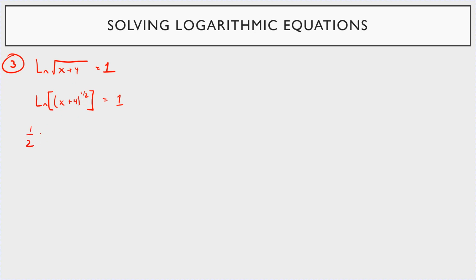So you have 1/2 natural log of x plus 4 is equal to 1. Now, how do you move the 1/2 to the other side? You're going to multiply both sides by 2. So you're left then with the natural log of x plus 4 is equal to 2.